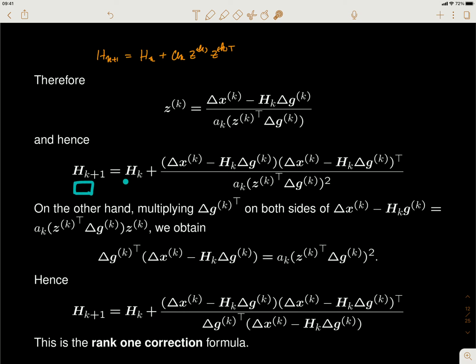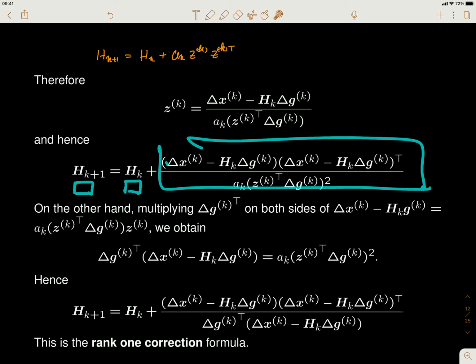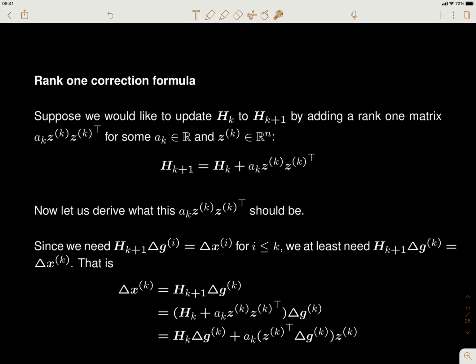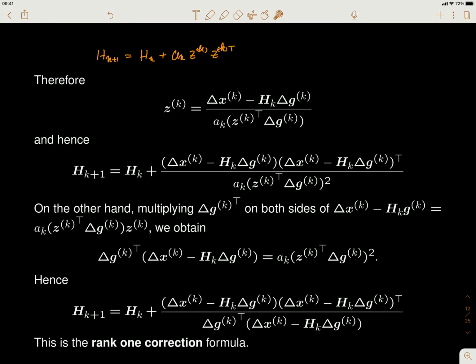This is a matrix, this is a matrix, and this whole thing here is just another rank 1 matrix. So I'm going to multiply this vector to both sides. This is the previous one we have. We move this to the left, and then we multiply the delta GK on both sides.